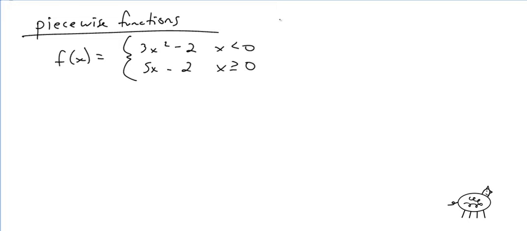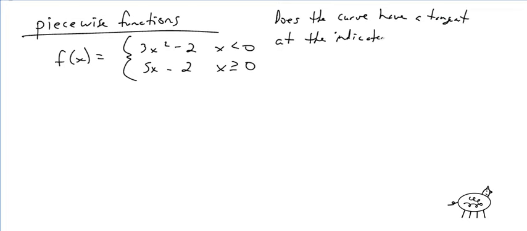And my question is, does the curve have a tangent at the indicated point? And you're like, well, wait a second, what point are we talking about? We're talking about where the two functions meet, at x equals 0.